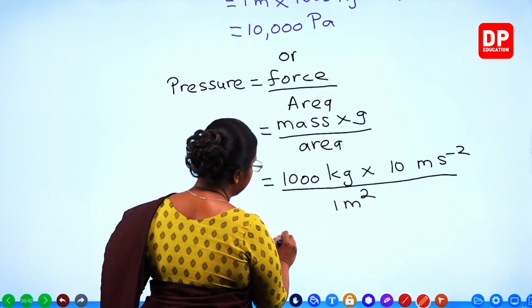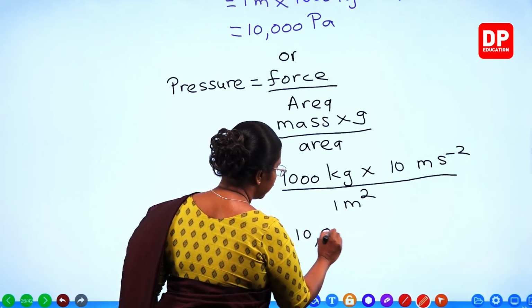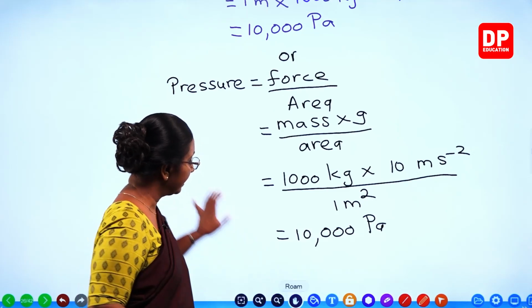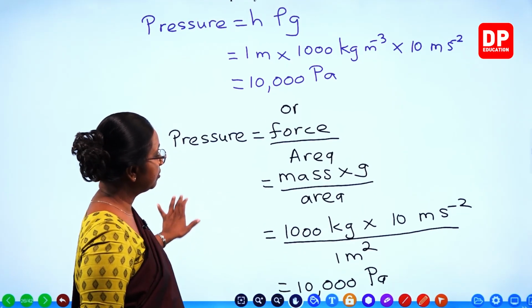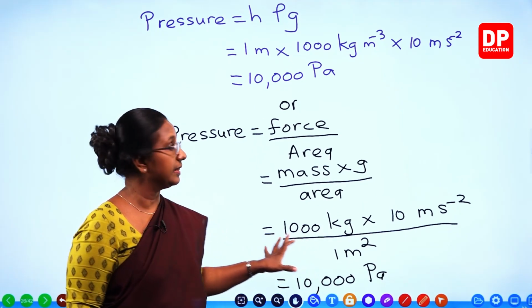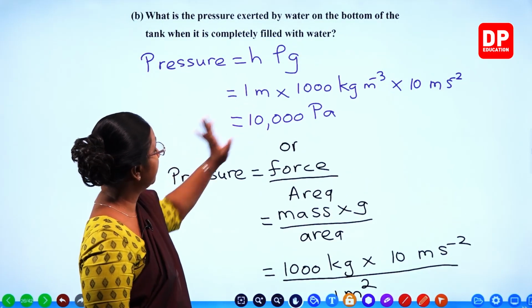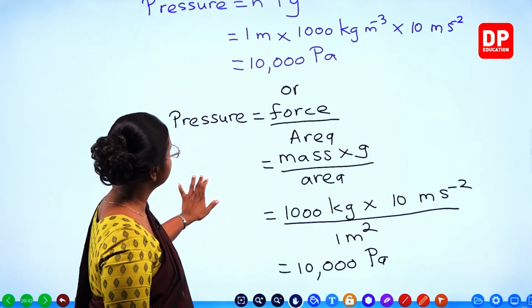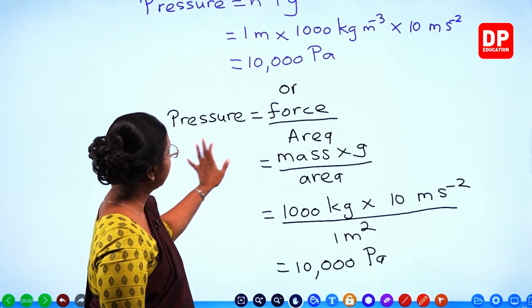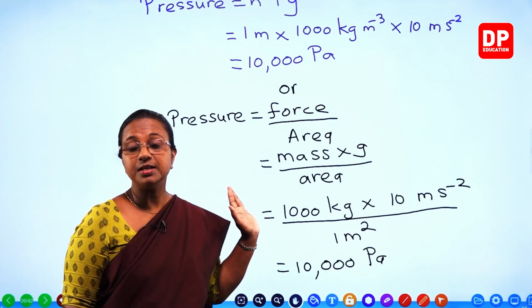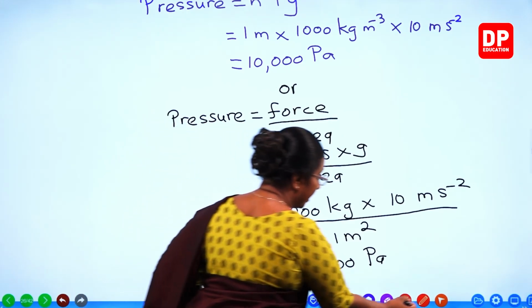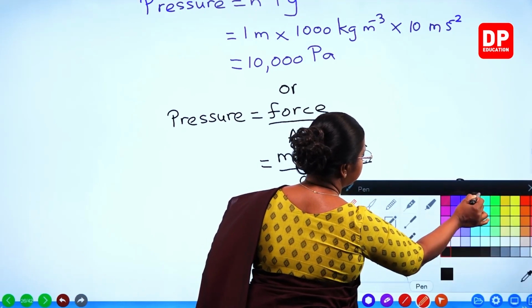Then you will get the answer as 10,000 Pascal. So, both are the same. You will get the same value, but you can use one of the two methods. You can use the equation for liquid pressure, P equals h rho g, or else you can use the method where we calculate pressure as force over area. Is that clear, students? So, with that, I will move on to the next question.